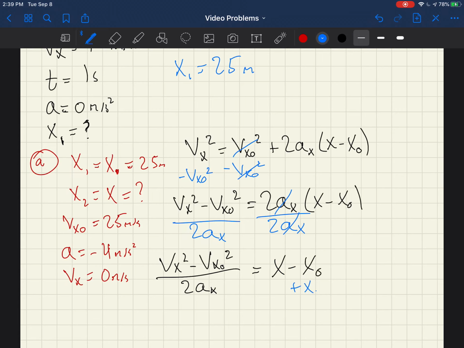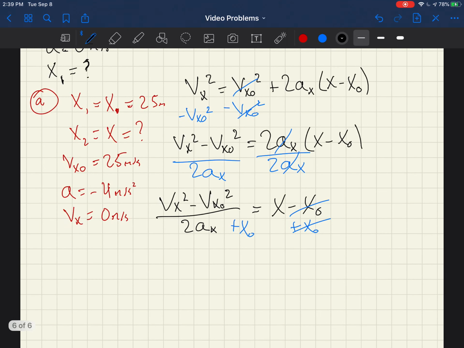So for x0, hopefully you can see I'm just going to add that x0 to both sides, those cancel out, and add it to this side of the equation. And I'm left with, I'm going to flip-flop the sides again, so I have x is equal to Vx squared minus Vx0 squared over 2ax plus x naught.